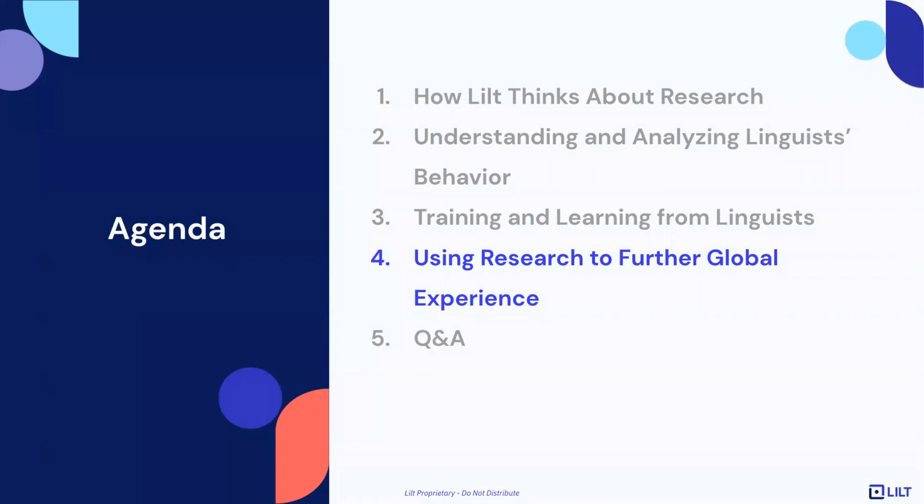It's not just for the linguists themselves. Once the linguists are able to become more efficient and use these interface nudges and these new systems that we build, they get more productive. As a result, this all gets to market faster and gets back to the customer faster.